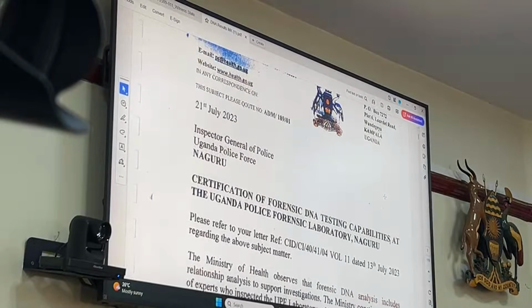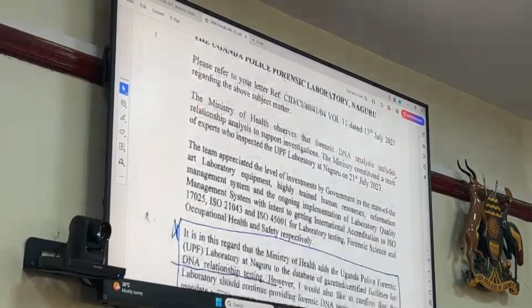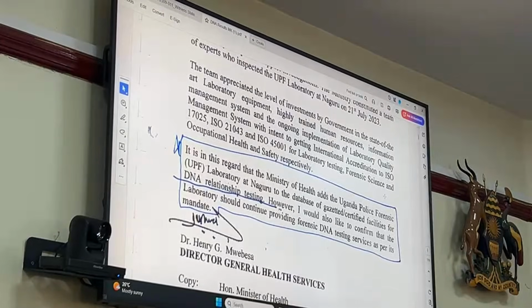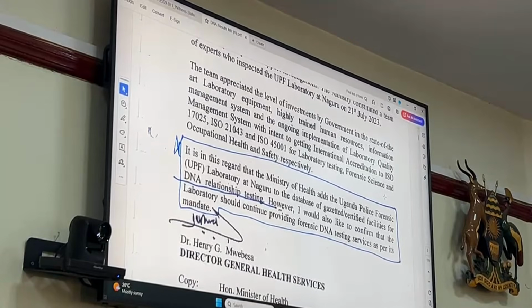So this was the scanned copy I've received. Maybe just take us through the last two paragraphs.